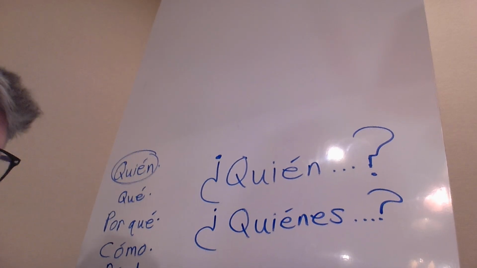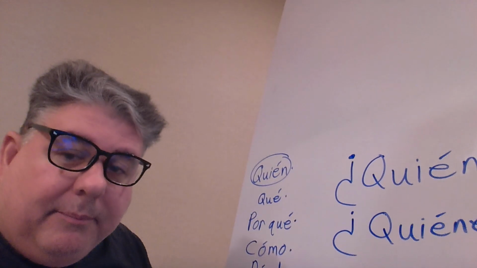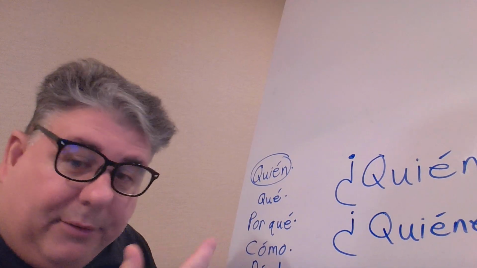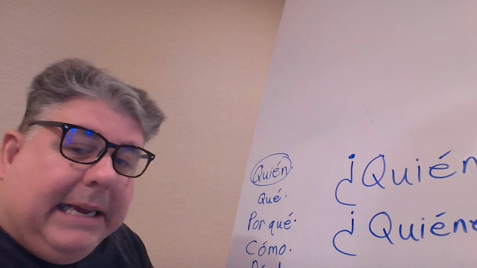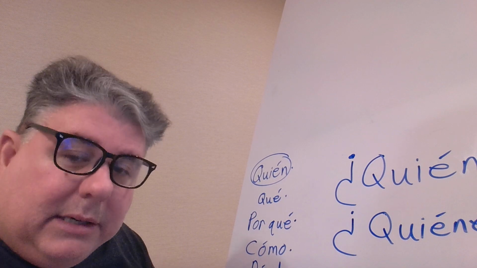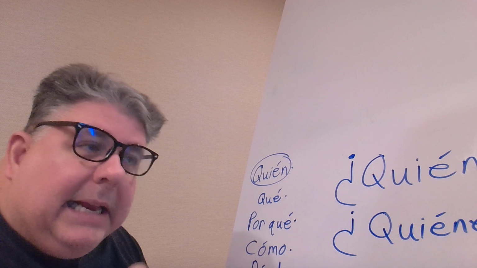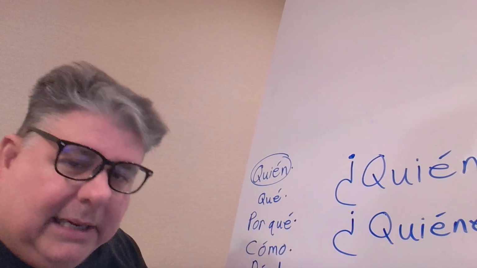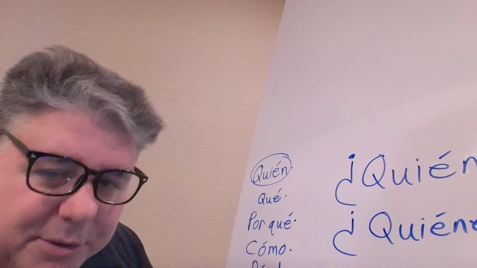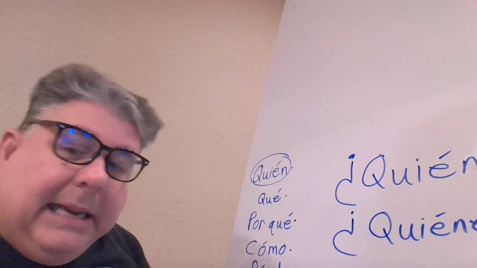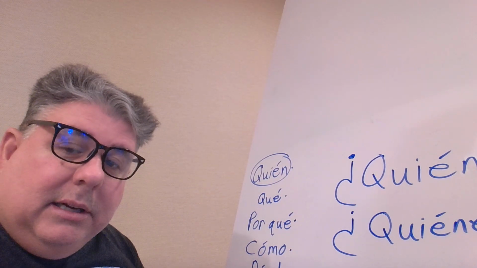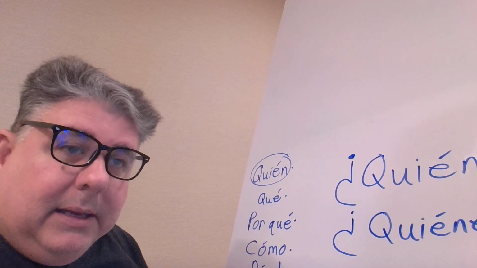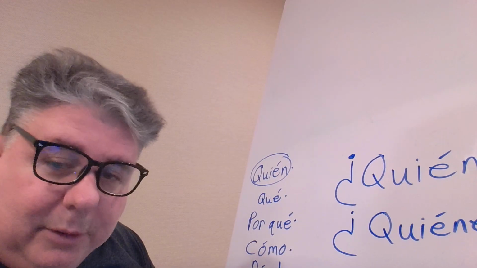Quiénes son, like if you're a fan of the World Cup, you might say for whatever country you're rooting for, ¿quiénes son los jugadores del equipo de los Estados Unidos, Argentina, México, whichever country you're rooting for? You could say quiénes son los jugadores de fútbol para la Copa Mundial, for the World Cup.